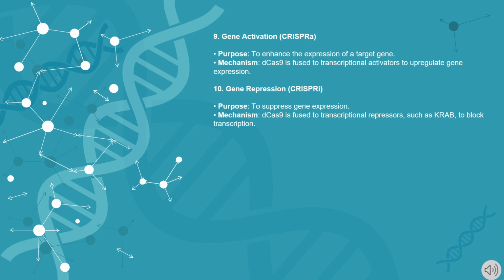Purpose: to enhance the expression of a target gene. Mechanism: dCas9 is fused to a transcriptional activator to upregulate gene expression. 10. Gene repression, CRISPRi. Purpose: to suppress gene expression. Mechanism: dCas9 is fused to a transcriptional repressor such as KRAB to block transcription.